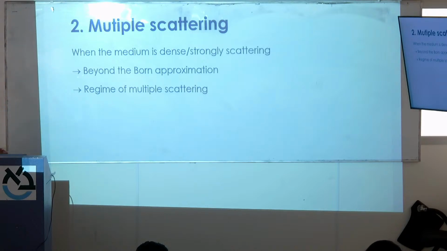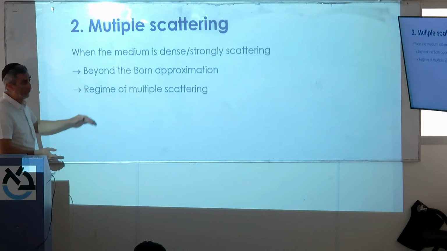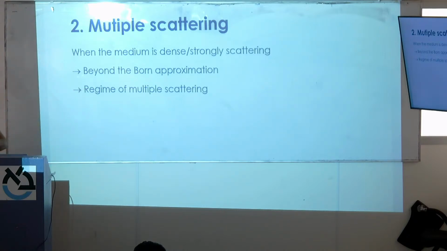We want multiple scattering. The Born approximation is a case of single scattering approximation, and we want to go beyond it. So we switch now to the regime of multiple scattering. You cannot consider the incident field as simply the one scattered by each particle, but the problem is much more complex.